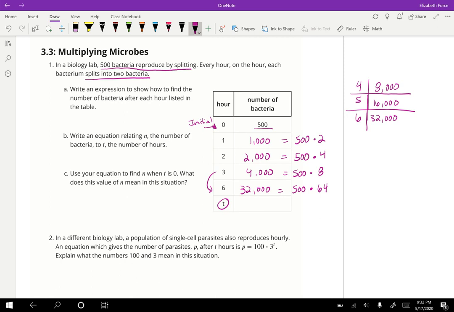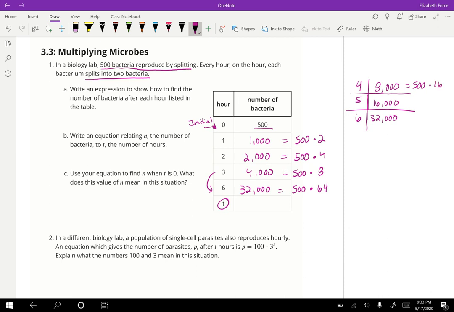So you might start to see a pattern here from 2 to 4, 4 to 8, 8 to 64. We'll come over here too if we want. This is 500 times 8,000 divided by the 500. That's what I thought. 8,000 divided by 500 is 16.